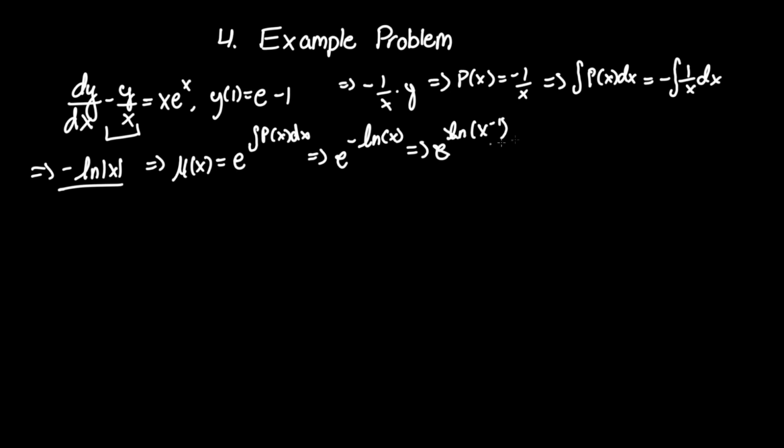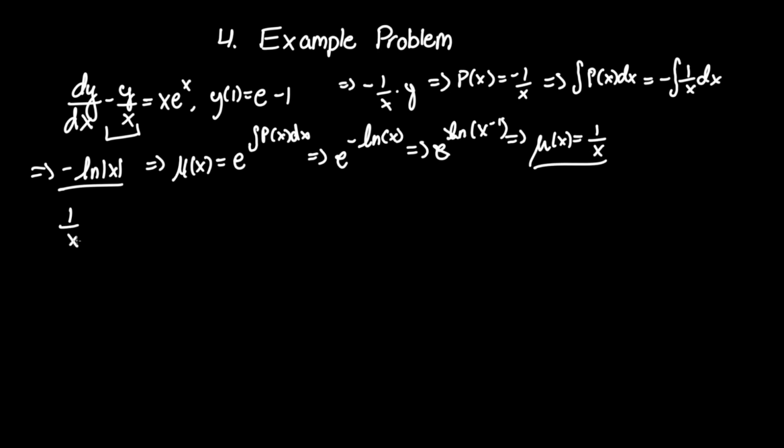And now we can finally simplify this, meaning mu of x, the integrating factor, equals 1 over x, or x to the power of negative 1. Now that we have mu of x, all we do is multiply everything in this equation here by mu of x.